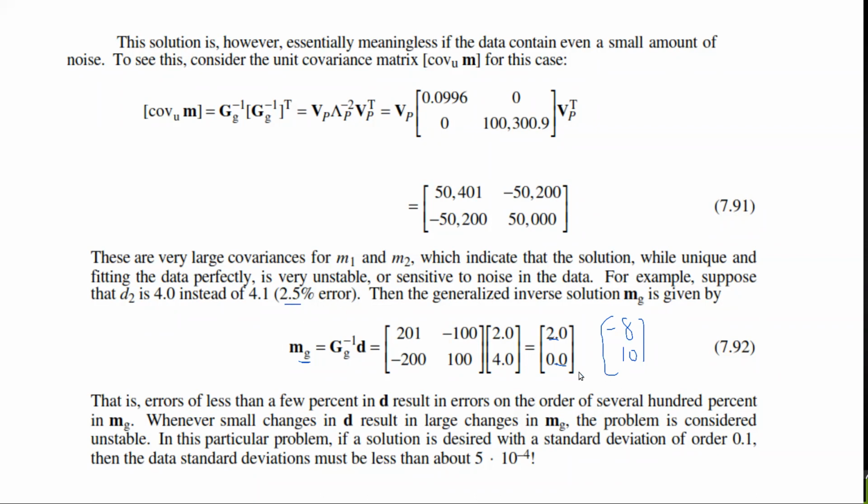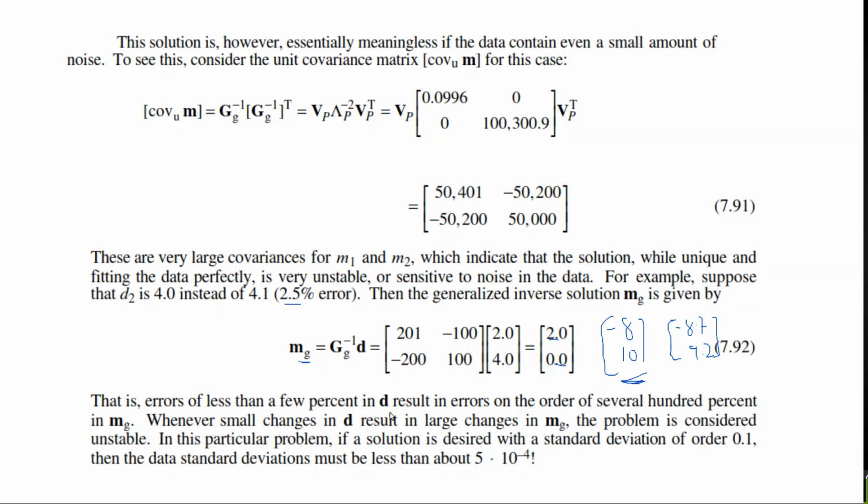So it's a very huge difference just by putting in a 2.5% error. In the case where it's stable, if you add this amount of noise, you should be getting something around, say, 8.7, 9.2, so it should be around the previous solution. Then we say that the system is stable. But look at this jump.